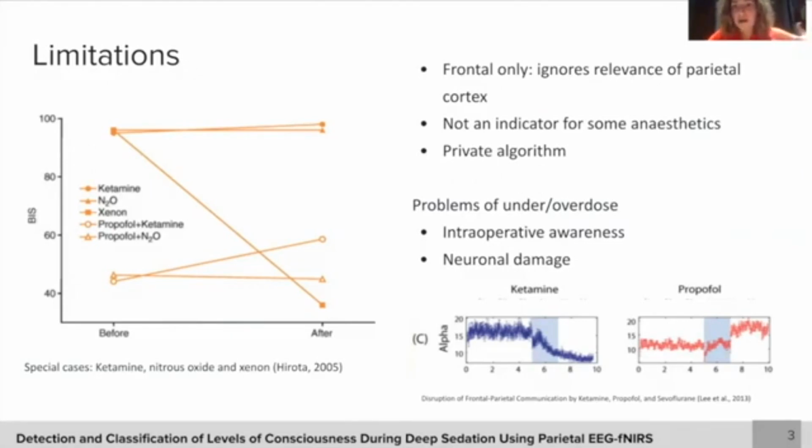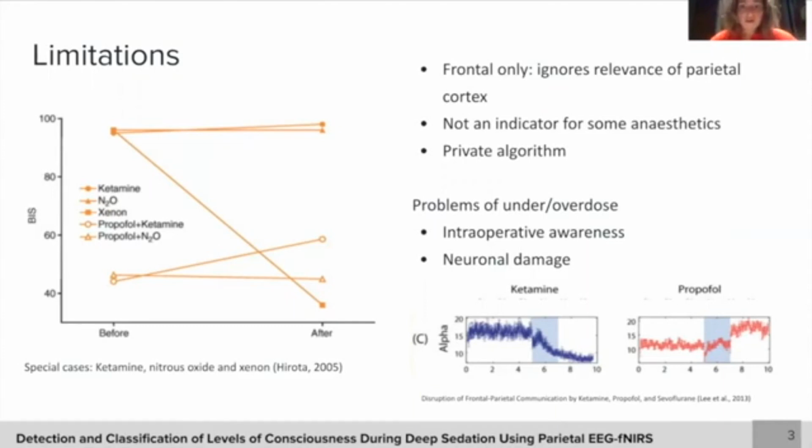And the problem with all this is that there is not very good accuracy for the levels of consciousness, and this can have the consequence of an under or overdose of anesthetics. This is problematic because an underdose of anesthetics can result in intraoperative awareness, which means the person wakes up during their surgery without the clinicians noticing, and this can be a very traumatic experience.